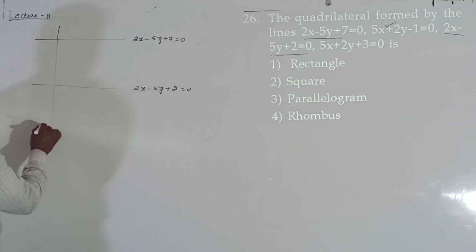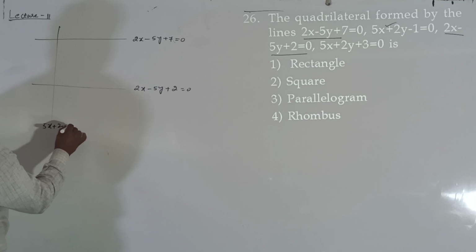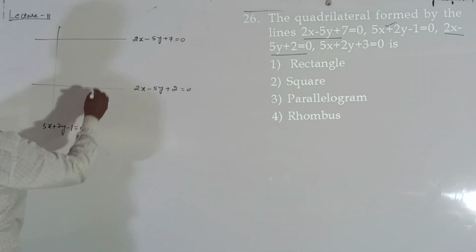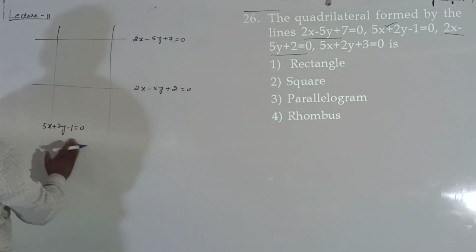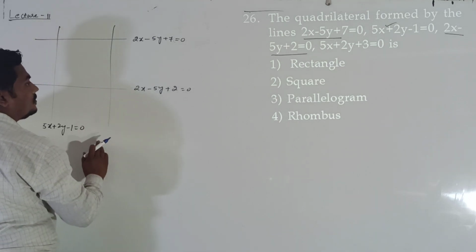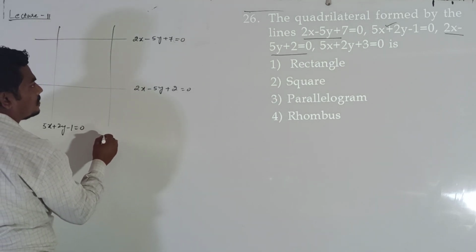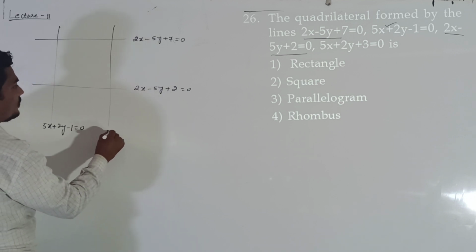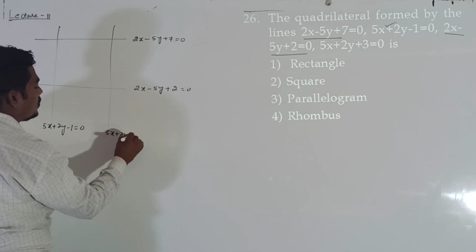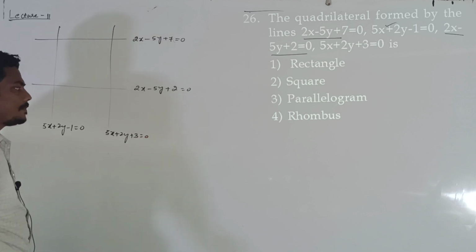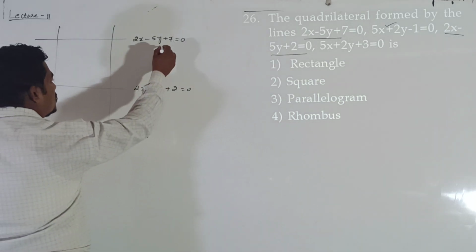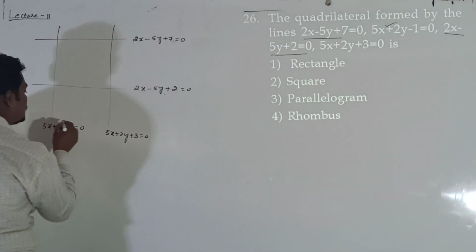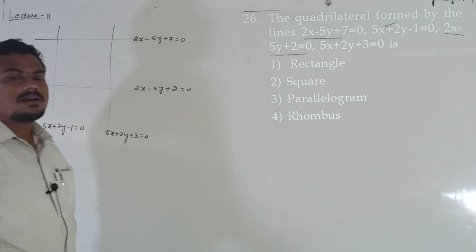This is 5x plus 2y minus 1 equal to 0, and one more line which is parallel to this line, that is 5x plus 2y plus 3 equal to 0. Clearly these two lines are parallel and these two lines are parallel.